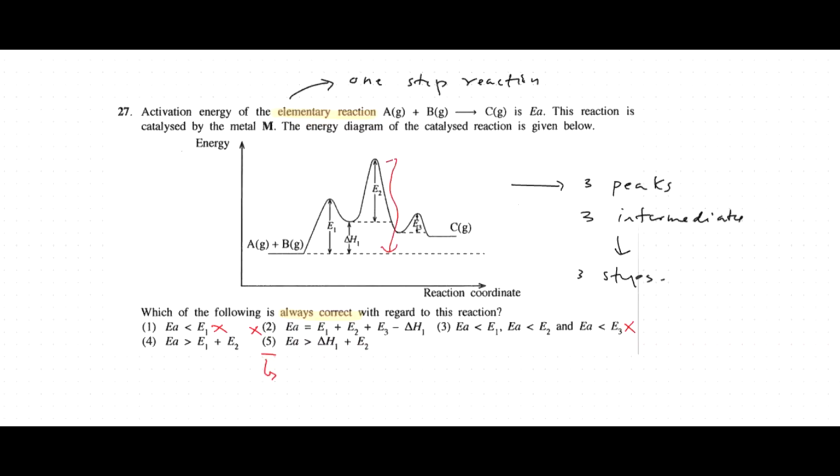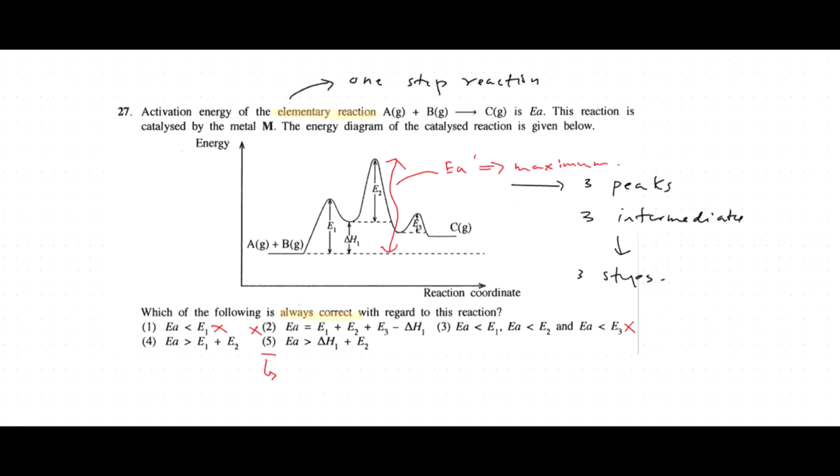Delta H1 plus E2 is the maximum activation energy of the new path, which means in order for the reaction to happen, the reactants should have the maximum energy of delta H1 plus E2 when the reaction is catalyzed. So EA is always greater than delta H1 plus E2. Therefore the fifth one is the answer.